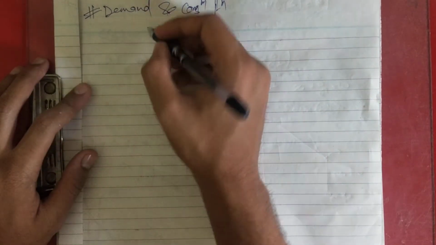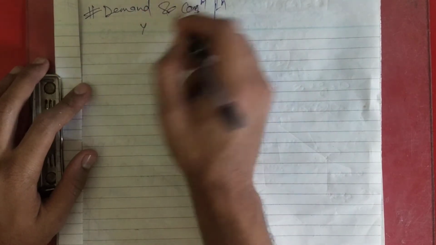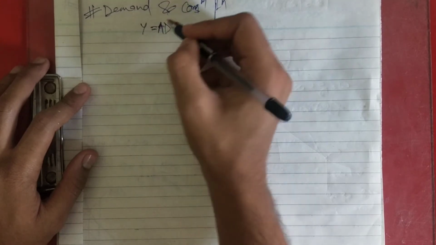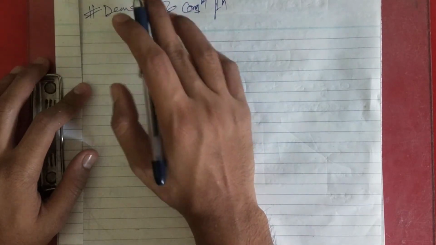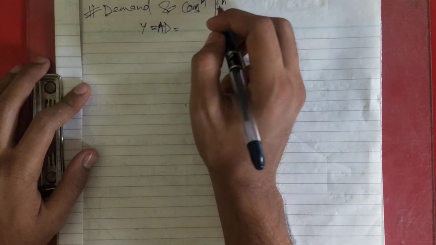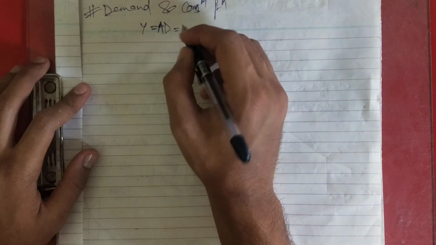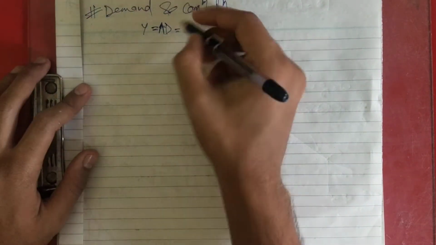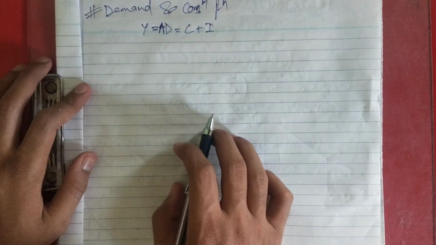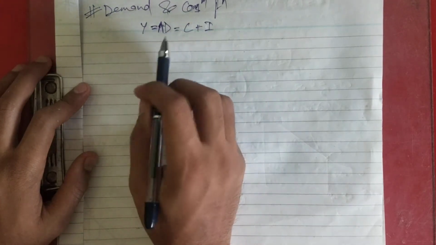So if I write down your demand function, this is y is equal to AD, right? Now it is told to us that your demand is coming only from two sides. What are the two sides? That is consumption and investment. So now I will divide both sides by the labor.